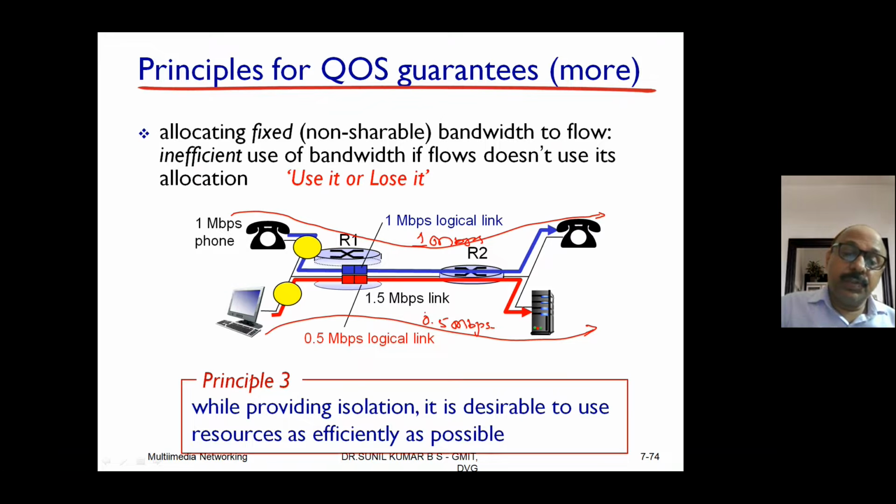Now suppose at some point of time this 1 Mbps may become 0.5, and this is also 0.5. What happens? The effective utilization is 1 Mbps. Another half Mbps is being lost. So this becomes a greater question.